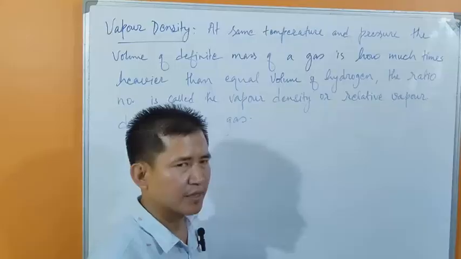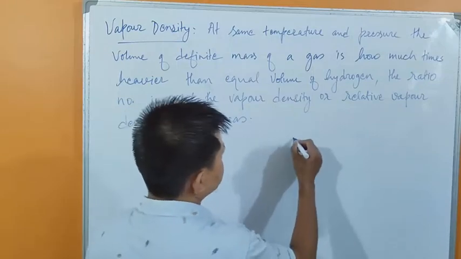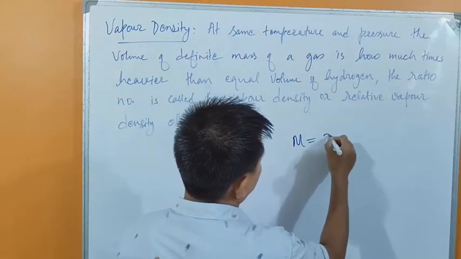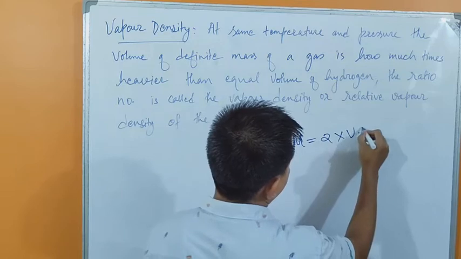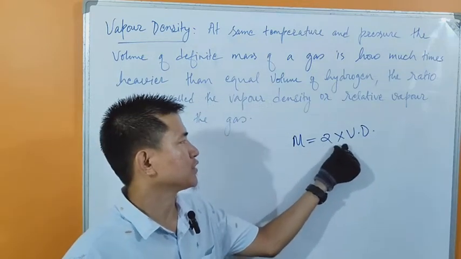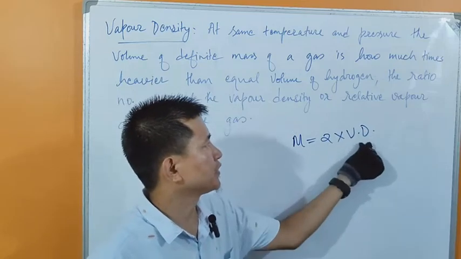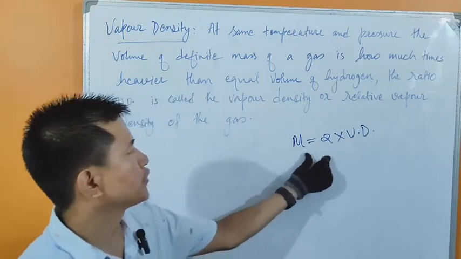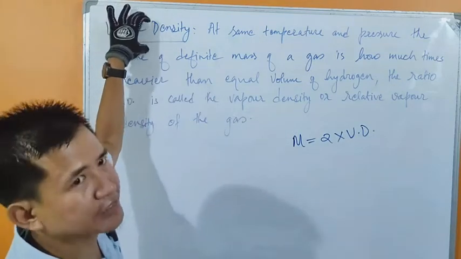We will prove this. To prove that molecular mass is equal to twice the vapor density, first we need to understand what vapor density is.